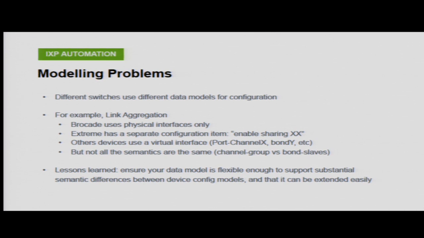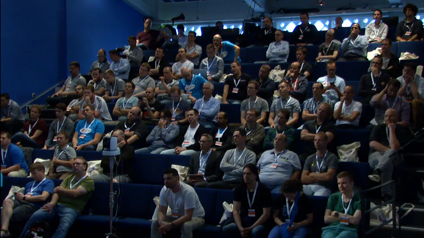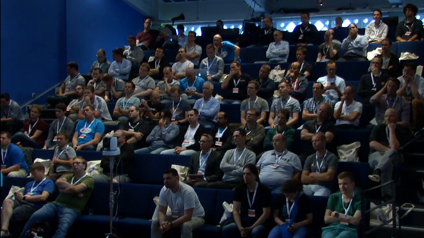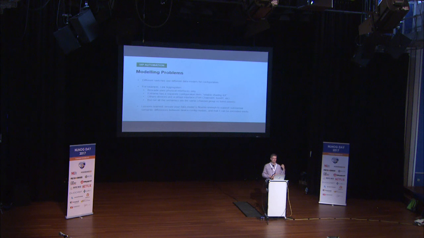On a Brocade device, you have interface Ethernet 1 to 2, and then link configure key, whatever the key name is, and then it'll just magically create a lag. But there's no pseudo interface created. It's just physical interfaces.